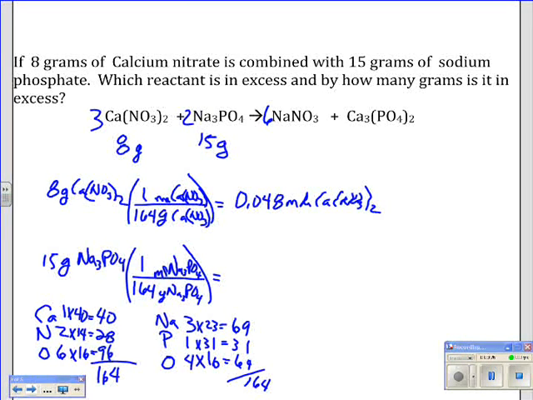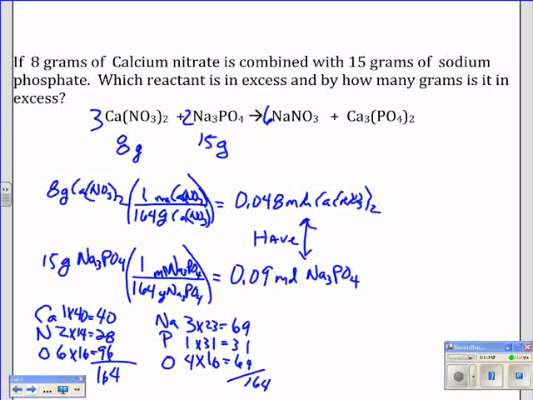And 15 divided by 164 is 0.09 moles of Na3PO4. So that's how much that I have of each one.